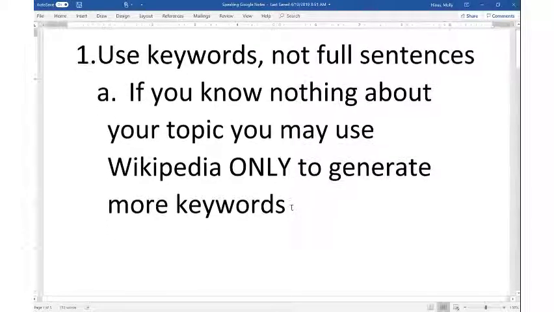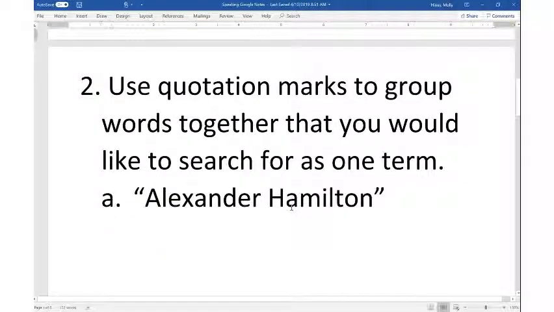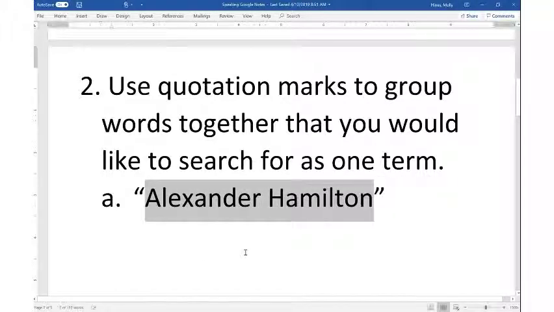Okay, so I'm going to scroll down to the next slide here, and another tip is to use quotation marks to group words together, because like we've talked about, when you type in multiple words, a search engine looks for each word individually. So if I were to search, I have an example here of Alexander Hamilton. If I were to search for this, Google would search for Alexander, and then it would do a separate search for Hamilton, and all of those results would be in my search results.